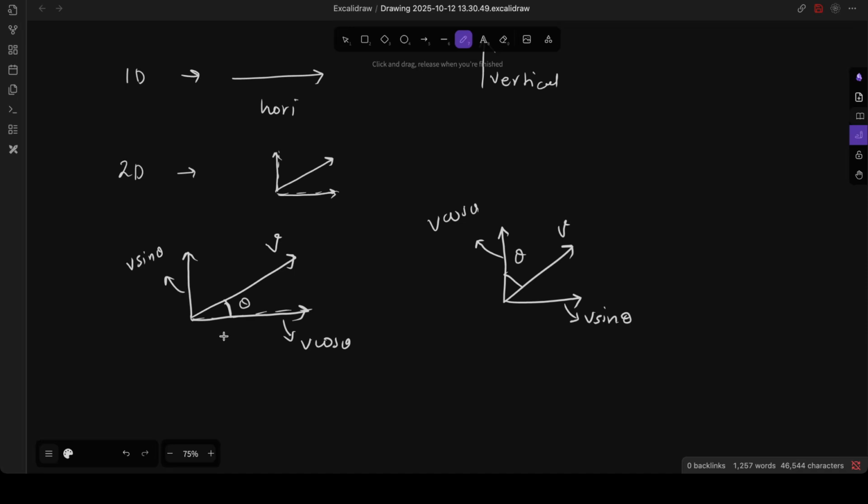No, nothing like that. It all depends on where the angle is measured from. If it is measured from your vertical, things will be different. From horizontal, things will be different. You can use trigonometry, sin theta, cos theta, opposite, adjacent, hypotenuse, to figure it out, but just for remembering, whichever component is attached to theta will always be cos theta.